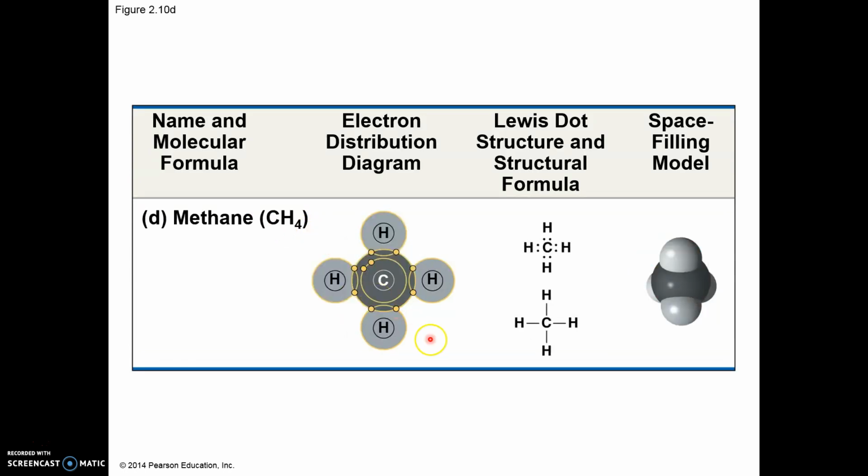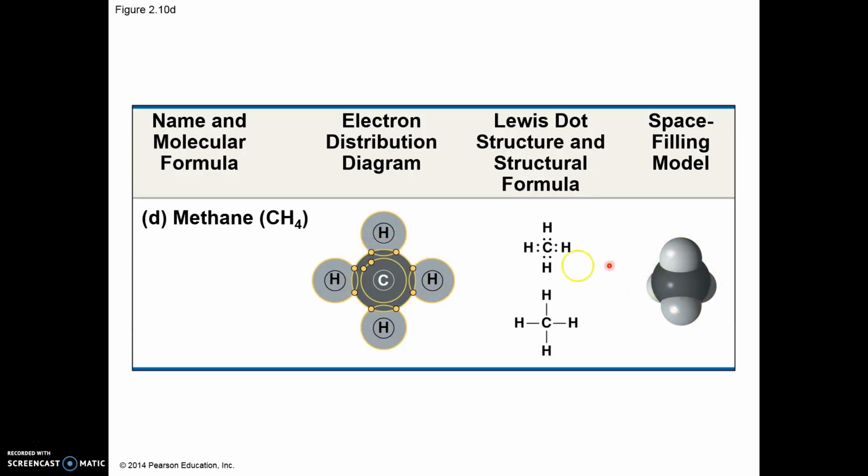All right, here we have something called methane. Carbon needs to share 4 electrons. Hydrogen needs to share 1 electron. So here we have carbon sharing electrons with 4 different atoms of hydrogen. Okay? And here's the Lewis dot structure, the structural formula representation. And in three-dimensional space, this is what it would look like. Okay?